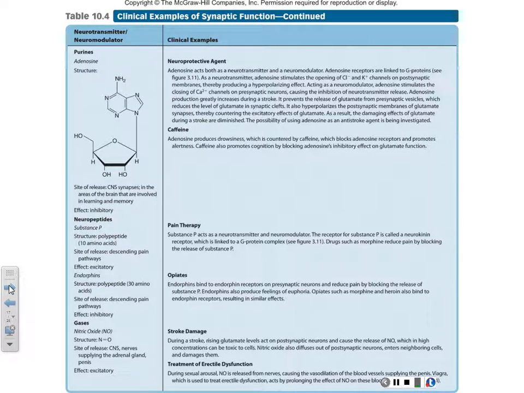This is the pain substance P. And endorphins are natural painkillers. So your body has some endorphins that reduce pain, but if you take extra exogenous painkillers, then you get that high. That's what all those opiates do. And nitric oxide is a gas that causes vasodilation and so forth.